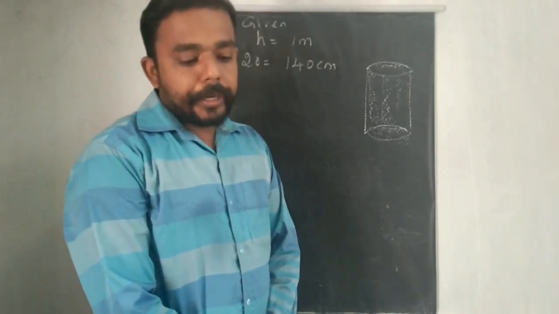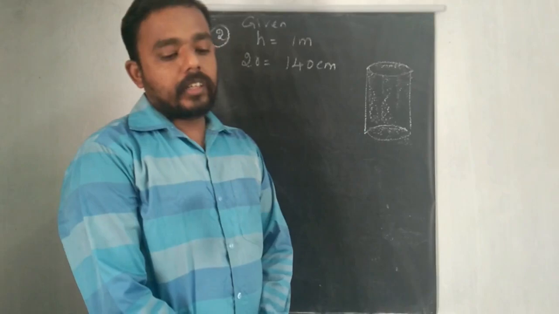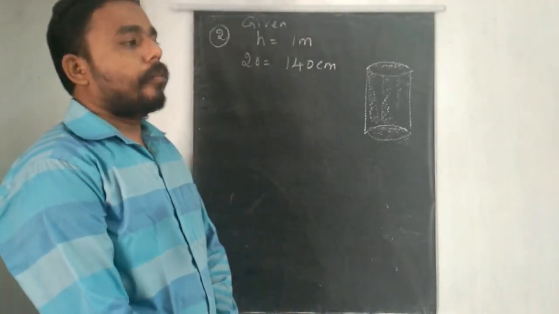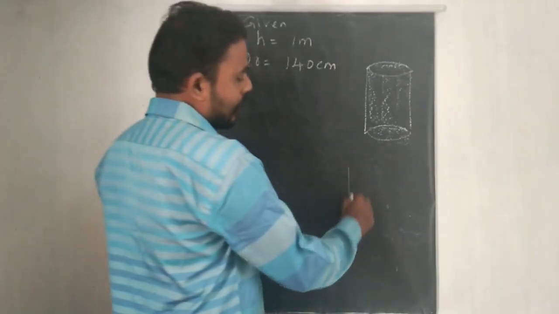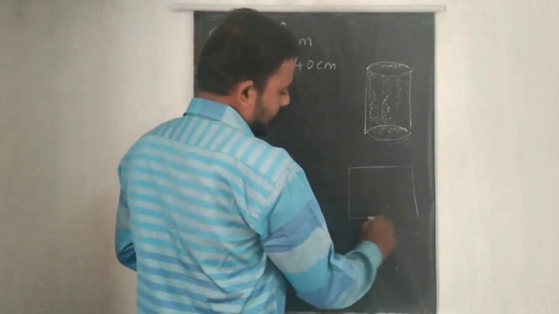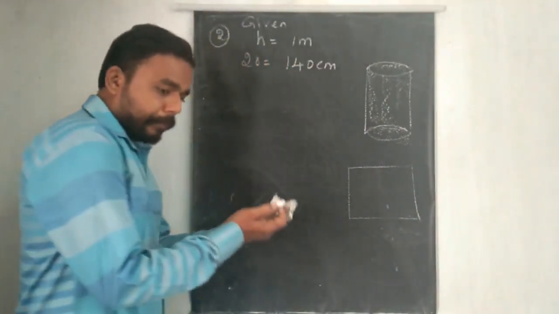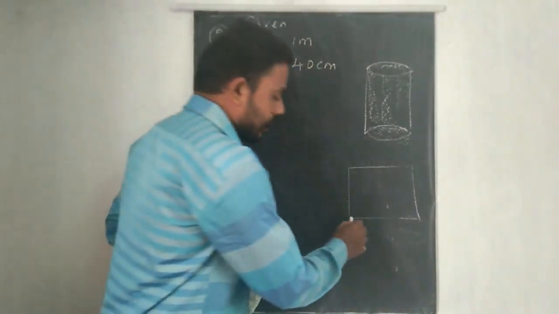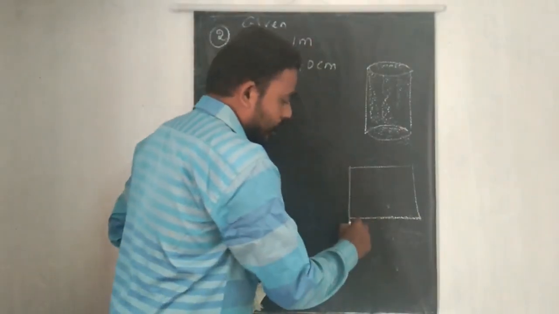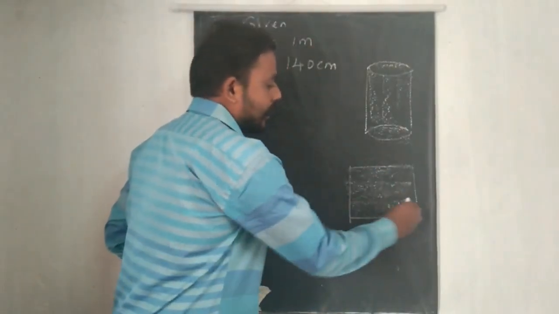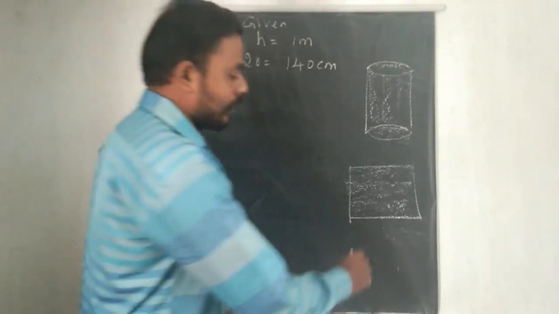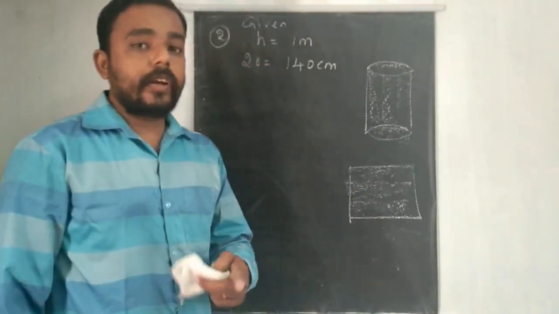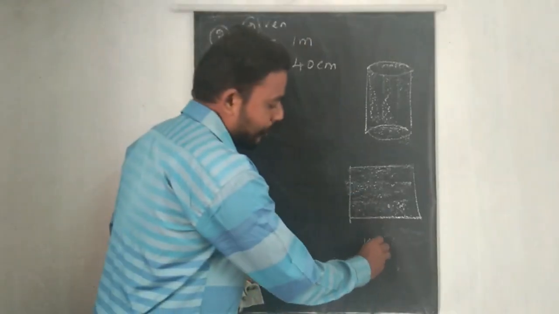The question is, how many square meter of the sheet are required to make the same? How many square meter of the metal sheet means, suppose a plate, here 1 meter, this is 1 meter. So this area is nothing but square meter. We know that area is a square, so meter square.